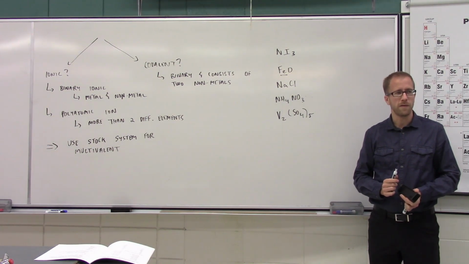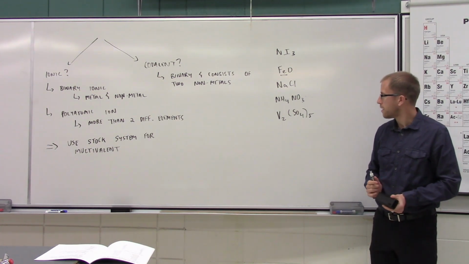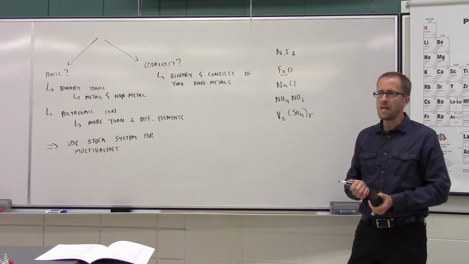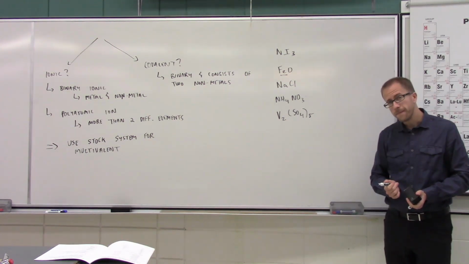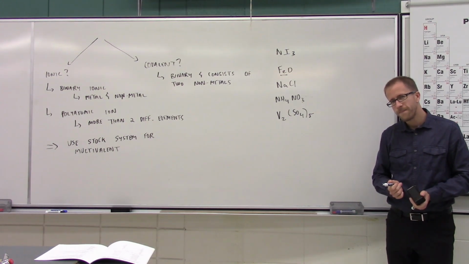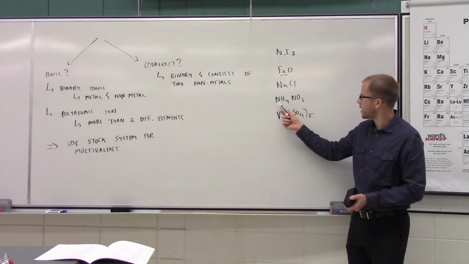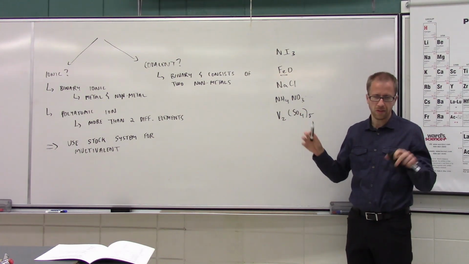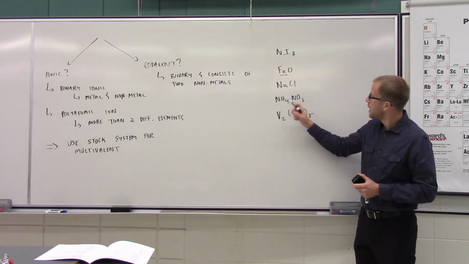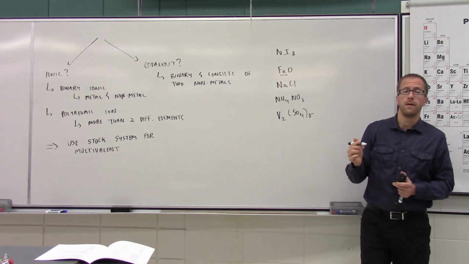What about this one here? Is it ionic or covalent, first of all? It's ionic. And what's unique about this one here? More than 2 elements. Yeah, there's more than 2 elements, right? We have 1, 2, 3, 4. I'm counting nitrogen kind of twice here, but that's fine. We have 4.